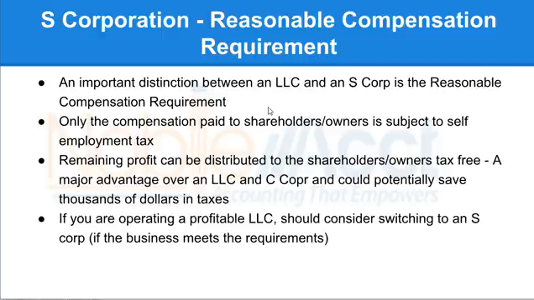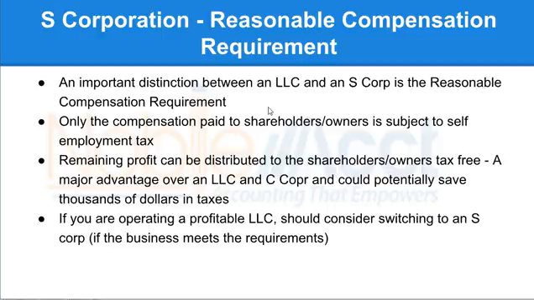The remaining profit of the business that's allocated to the shareholders can be distributed as a tax-free distribution. This distinction alone, from LLC to S corp, can save shareholder owners thousands of dollars in potential taxes.